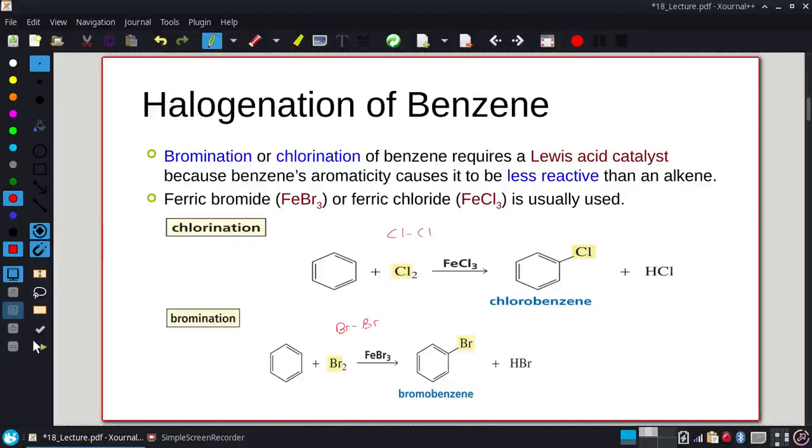So we use Lewis acids, the iron chloride and the iron bromide, to actually weaken this bond. So if I put the FeCl3 here in a temporary bond, that will help pull those electrons with it, making that chlorine electrophilic. And that is what we use. Those Lewis acids actually allow this to occur.